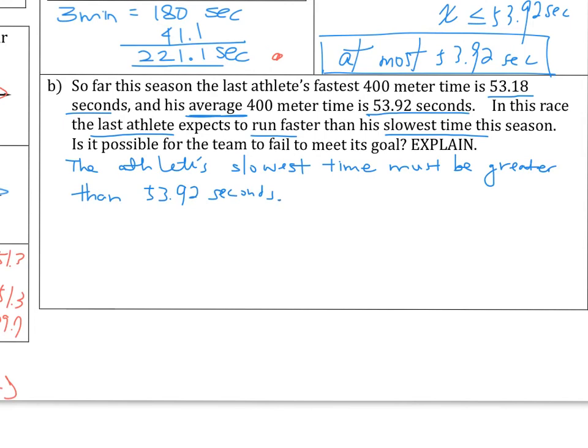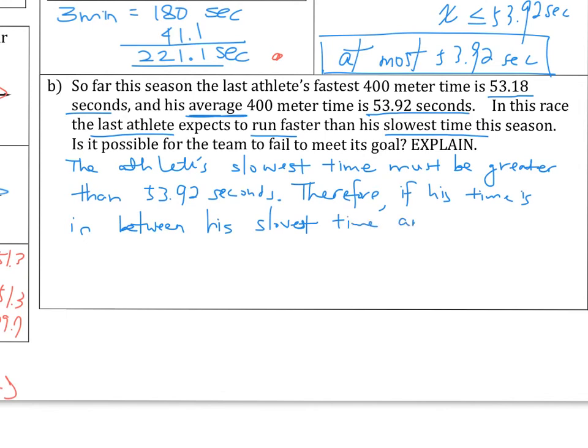Therefore, if his time is in between his slowest time and 53.92 seconds, the team will not meet its goal.